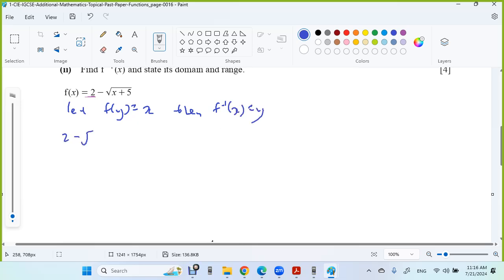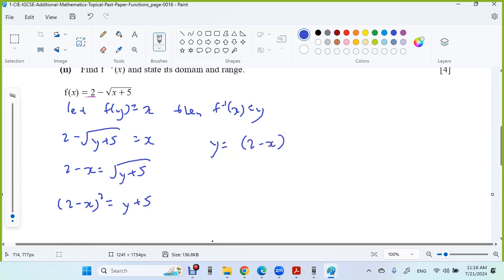So 2 minus square root of y plus 5 equal to x. 2 minus x is the square root of y plus 5. 2 minus x squared equal to y plus 5. So y will be (2 minus x) squared minus 5. So the f inverse of x will be (2 minus x) squared minus 5.